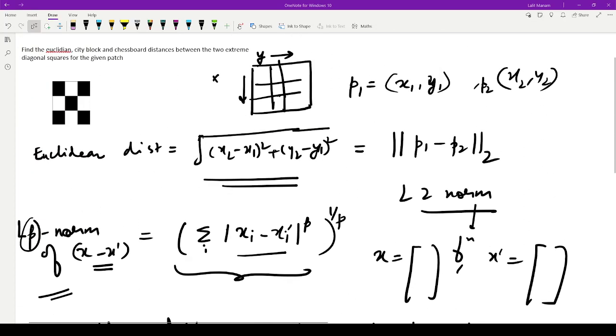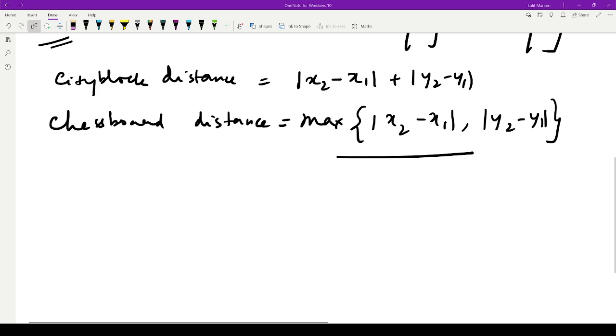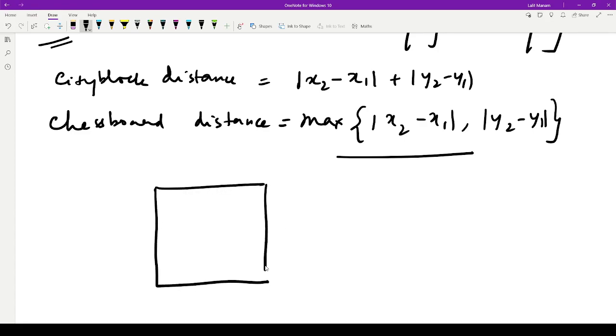So how do you visualize it? We'll visualize it one by one, Euclidean distance first. I think that would be better. Hopefully I can draw a straight line straight. I'll use different colors for different distances.